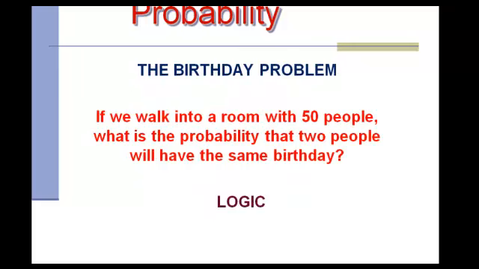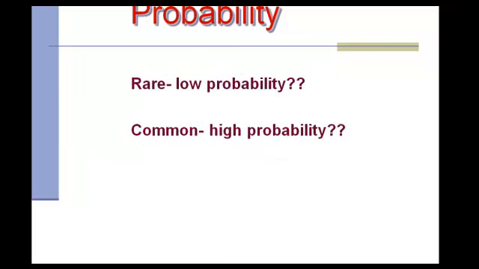The best way to start when you're doing probability is with the birthday problem. So here's the problem. If you and I were to walk into a room with 50 people, what is the probability that 2 people will have the same birthday? Now, we're logical, rational people. So do you think that probability would be rare, a low probability, or more common, a high probability?